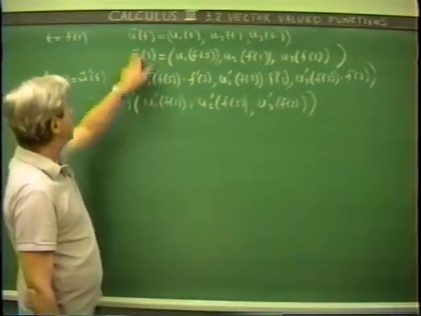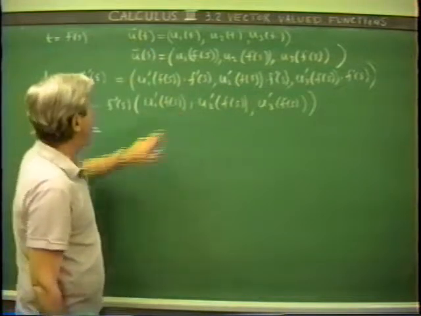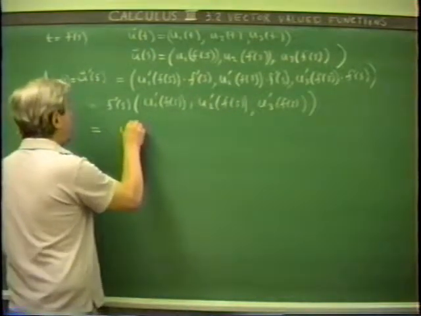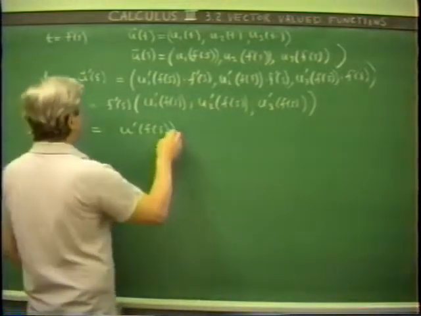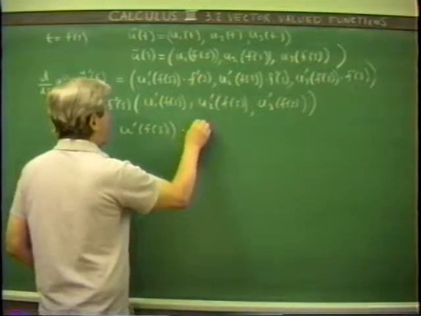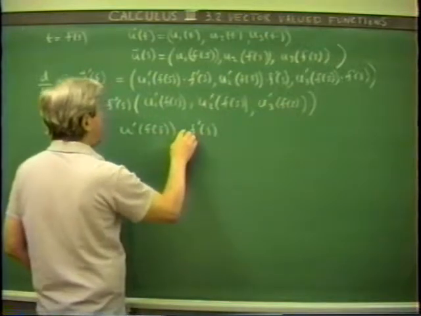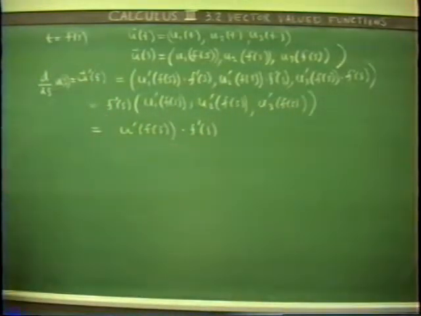This is the vector valued function u prime at f of s. So this is u prime at f of s times f prime at s, where this is scalar multiplication.